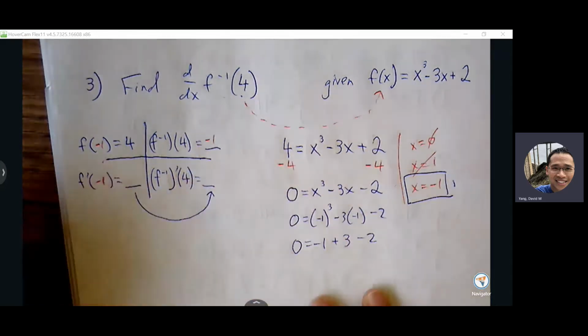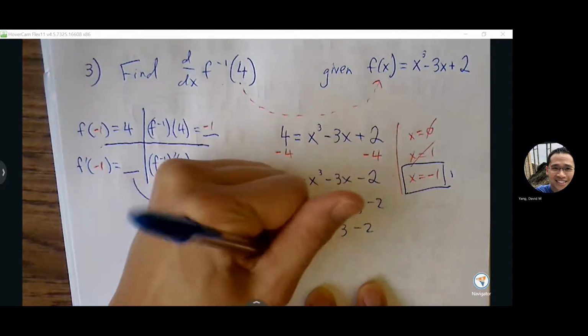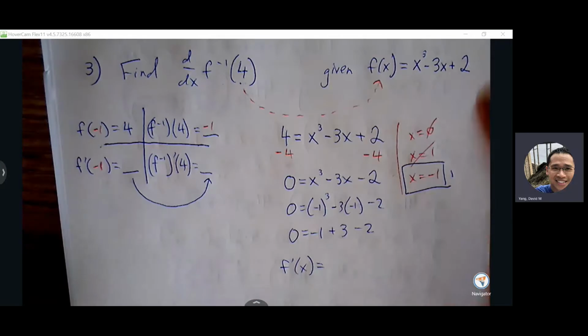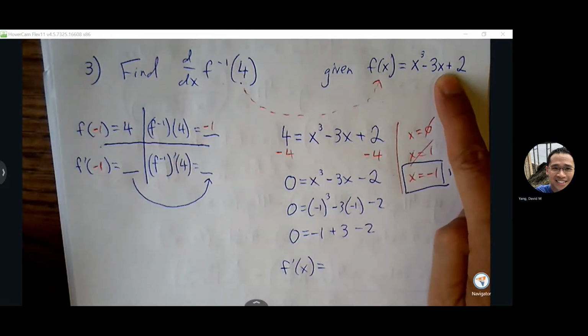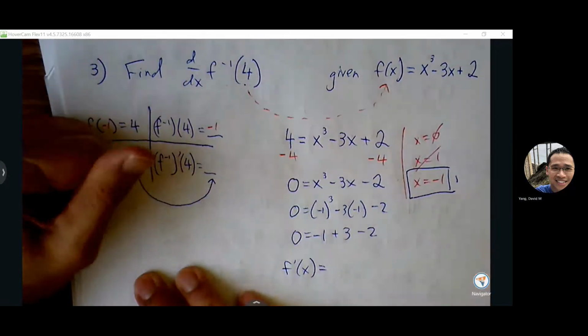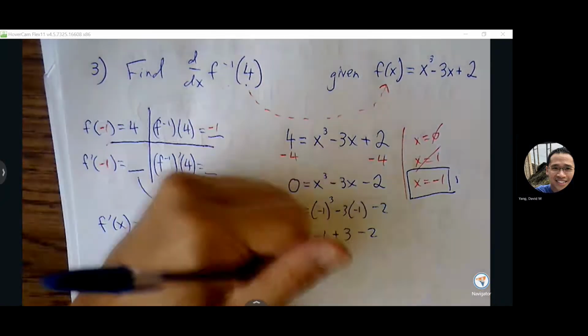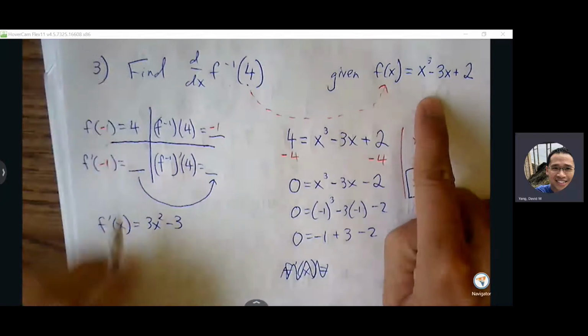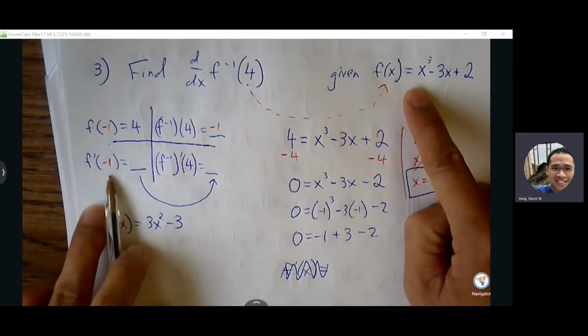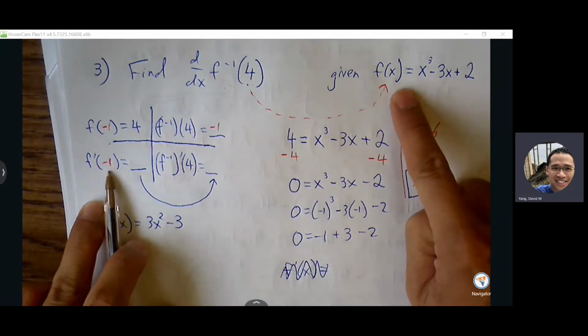Okay. F prime of x. What's f prime? Now we have the proper information to evaluate the slope.